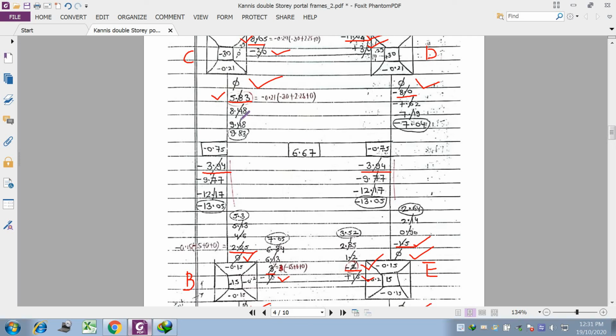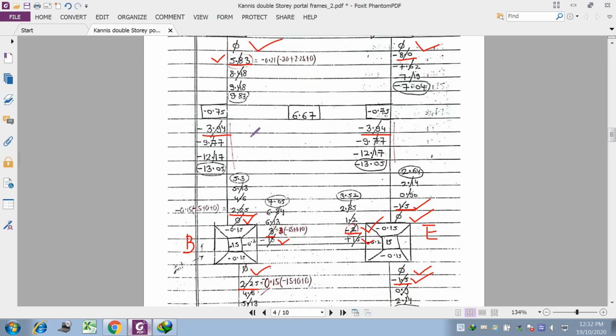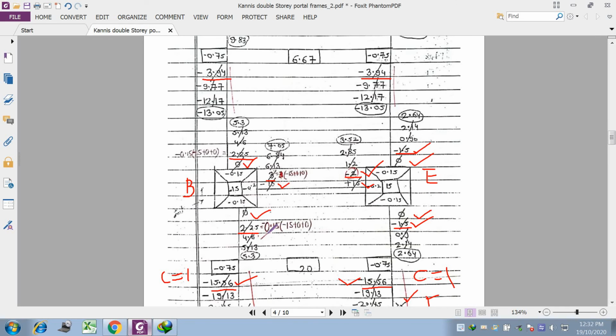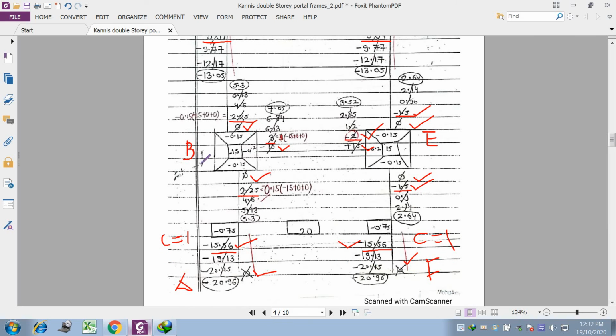So after calculating the first top column factor and bottom column factor for the respective member, you will perform the second iteration. Let us see how this second value will be calculated after getting all these 4 values. Outside the bracket minus 0.15, inside the bracket minus 15.